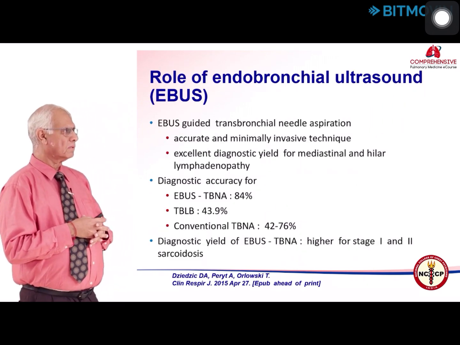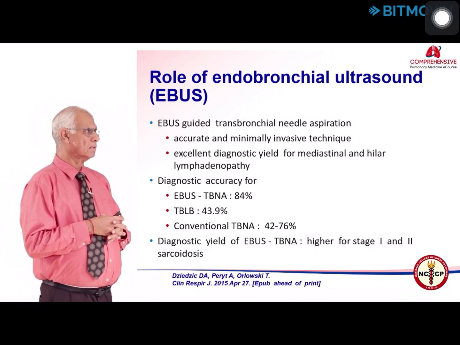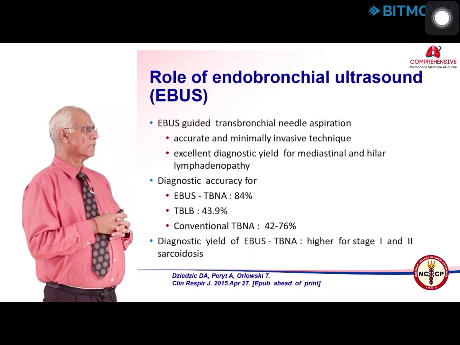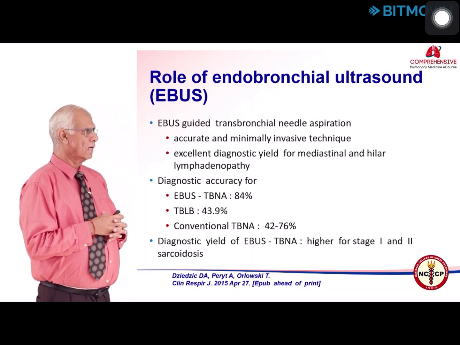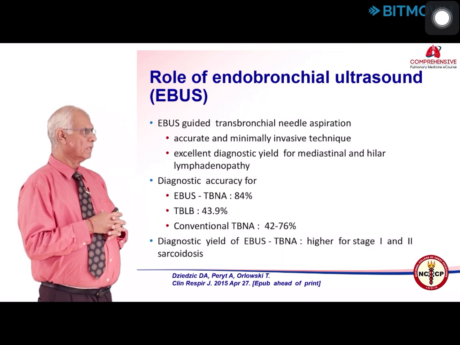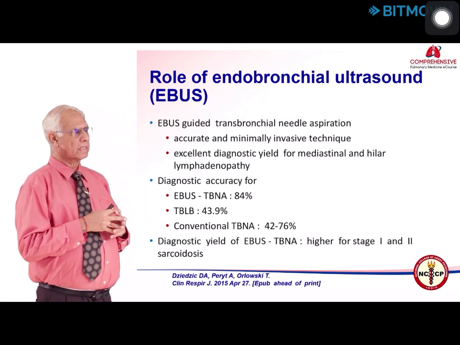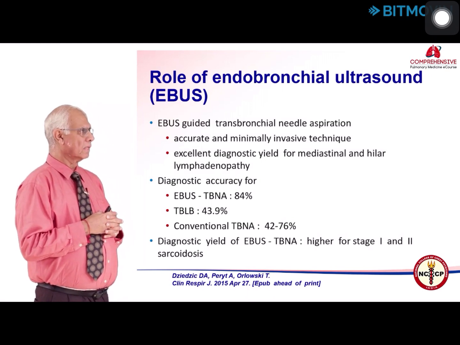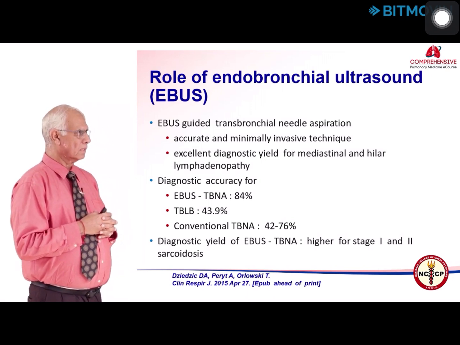Now, the role of endobronchial ultrasound is now rapidly coming into focus. EBUS guided transbronchial needle aspirations are accurate, minimally invasive techniques. This technique has now spread all over, and there are many centers that are doing endobronchial ultrasound.